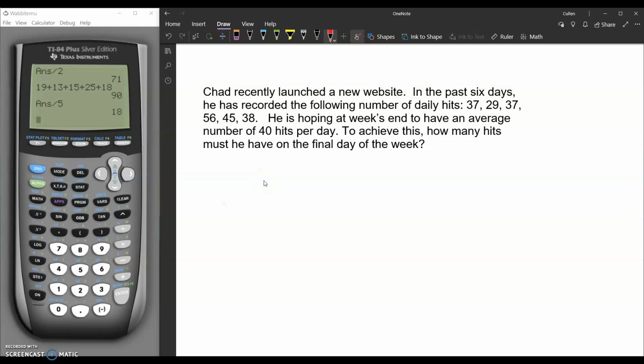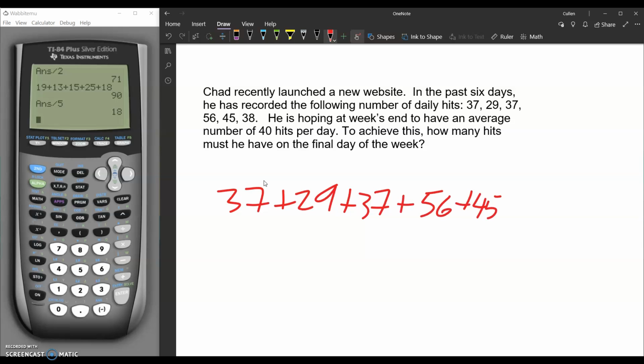So he's got these 6 days: 37, 29, 37, 56, 45, and 38. So if you wanted to average all of those things together, 1, 2, 3, 4, 5, 6, you would divide it all by 6 to figure out what the average currently is.